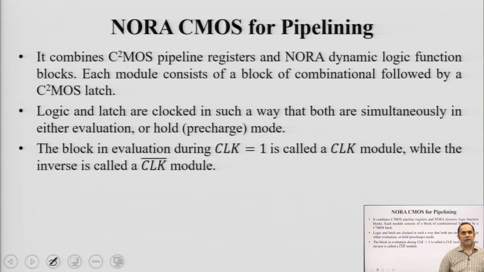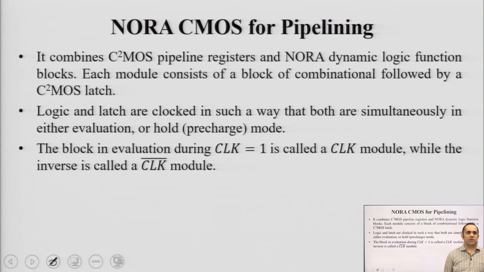and you use the NORA dynamic logic block, which is an alternating connection of an N block, P block, N block and P block. You combine these two in such a way that it allows you to implement pipelining without any race condition.